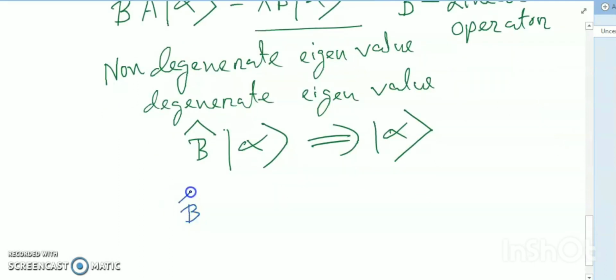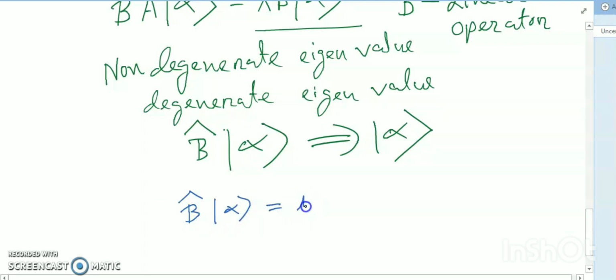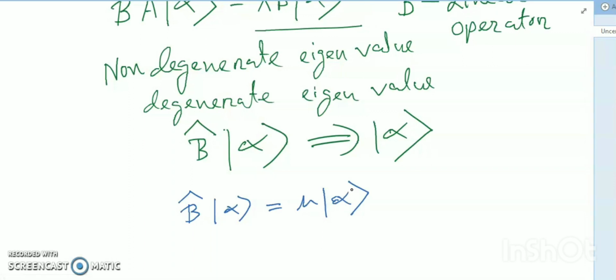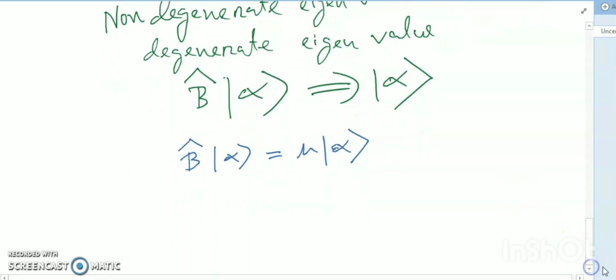That means B alpha equals mu alpha. Therefore, alpha is an eigenvector of both A and B. So this is our first fact for commuting observables.